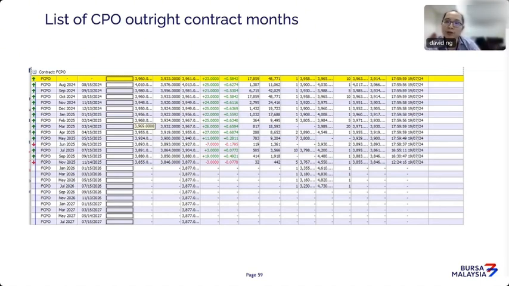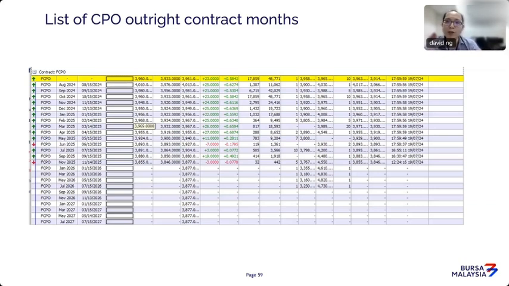Again, the most important thing to take note of is that there is a seasonality impact in play in these kinds of months. If you are looking at a particular price differential, the price differential can be wide when you compare with further months away, so the movement can be quite volatile.